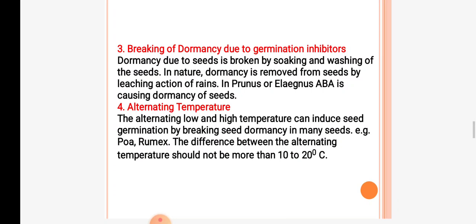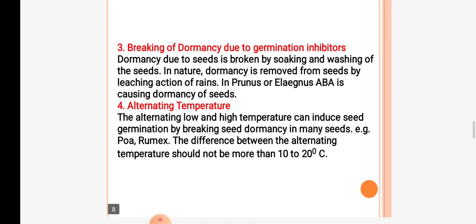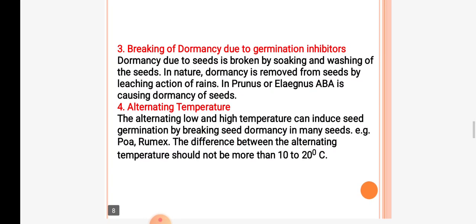The difference between the alternating temperatures should not be more than 10 to 20 degrees centigrade. So this method is used to break the seed dormancy.